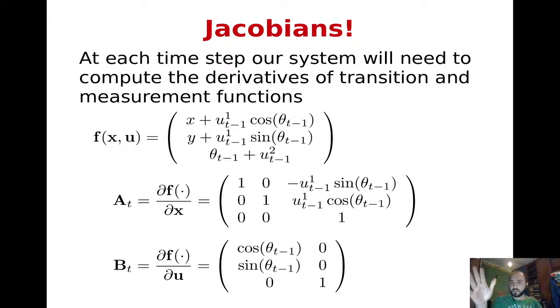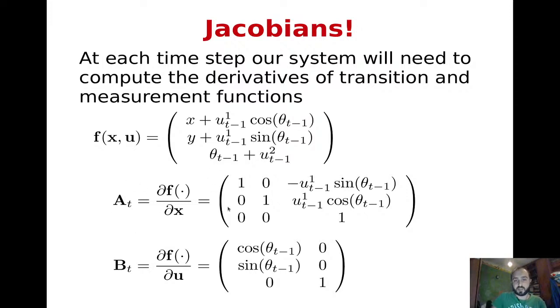So the A matrix, which is the derivative of the transition with respect to the state, will have 3 rows because the output of the function is 3-dimensional, and the number of columns equal to 3 because I'm deriving over the state which is 3-dimensional. So in general, when you derive a function with respect to something, the dimensionality is the dimension of the output of the function times the dimension of the thing with respect to which you are deriving, basically, okay?